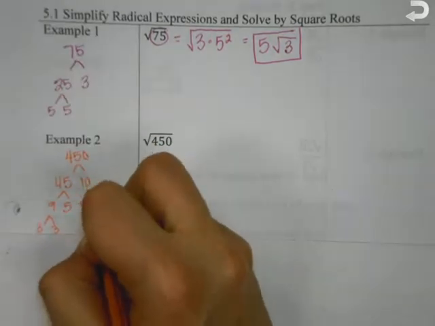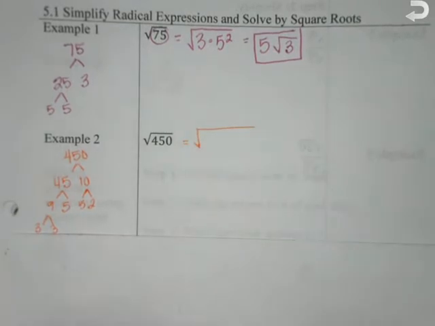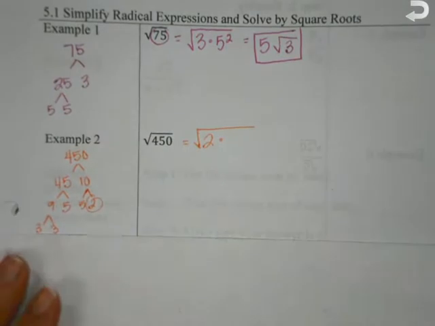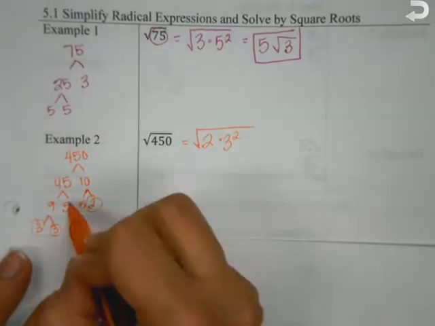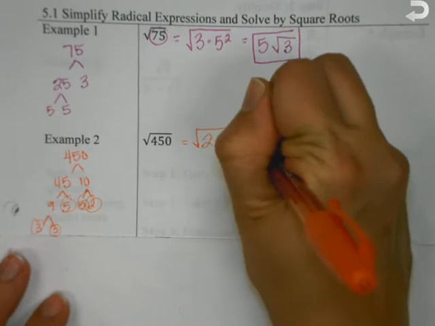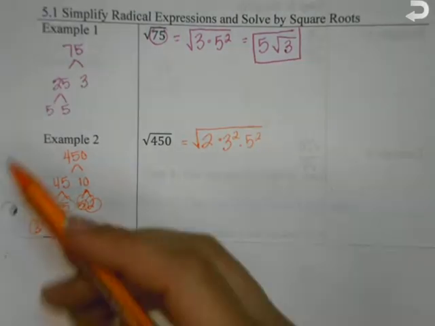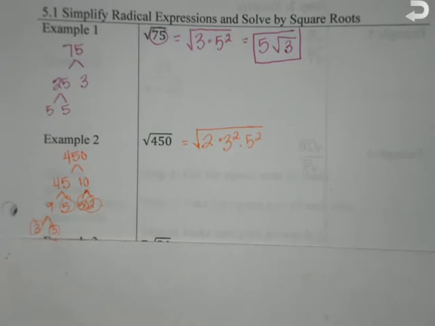So this is the same as the square root, and I always list everything in order from smallest to biggest. So we have 2 times 3 times 3, which gives me 3 squared, and we have 2 5s, so that's times 5 squared. So our prime factors are what are at the end of the branches that we cannot break up anymore.